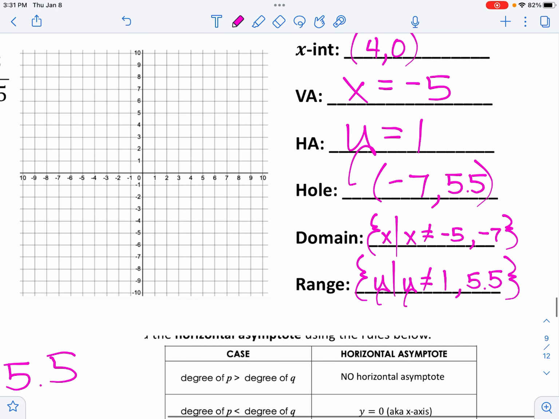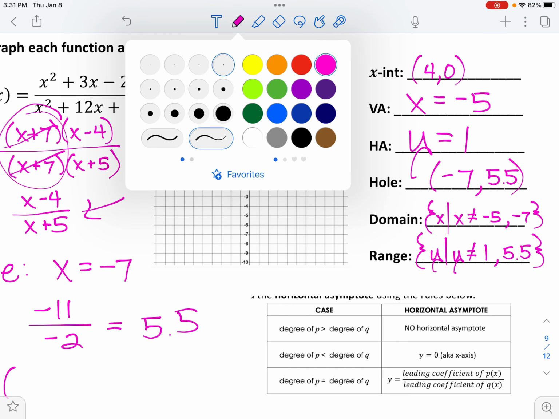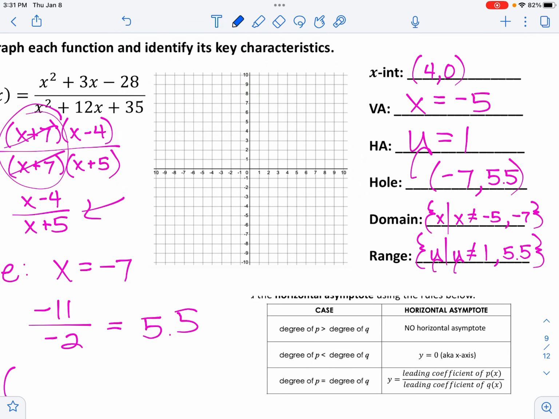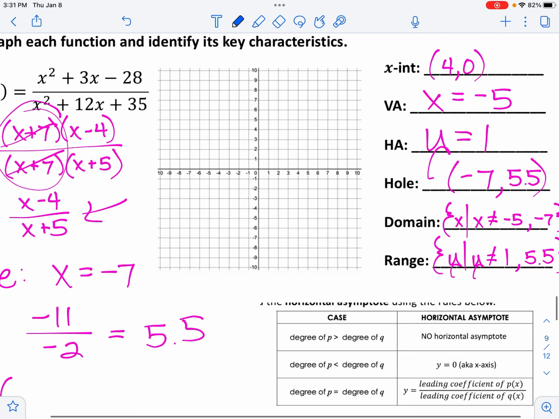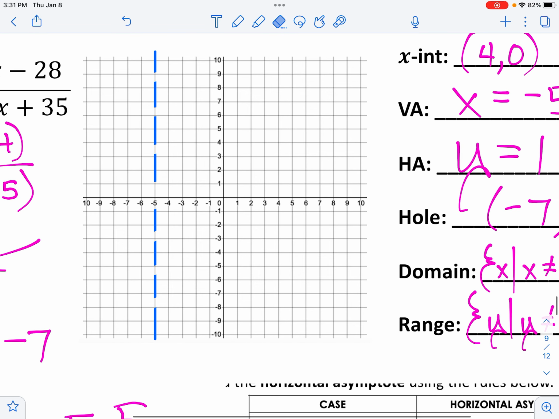Okay. And then now it's just time to piece all of this together. So, all right, let's try. Let's put a vertical asymptote at -5. And then a horizontal one at 1.